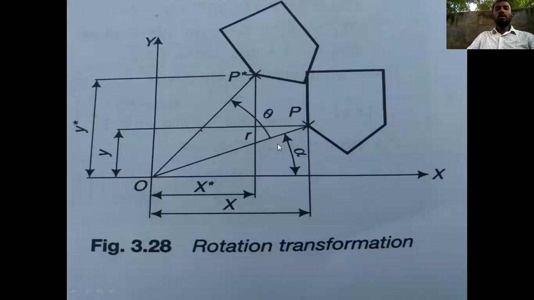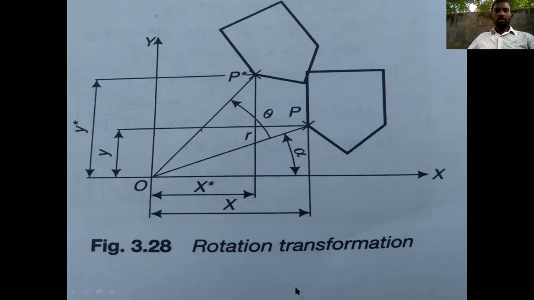So in this triangle, first of all take sin alpha equal to y by r. So we can take y, y1.